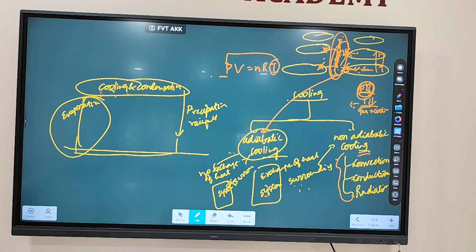Fine. So these are important points that you have to keep in mind. Air can cool either adiabatically or non-adiabatically.